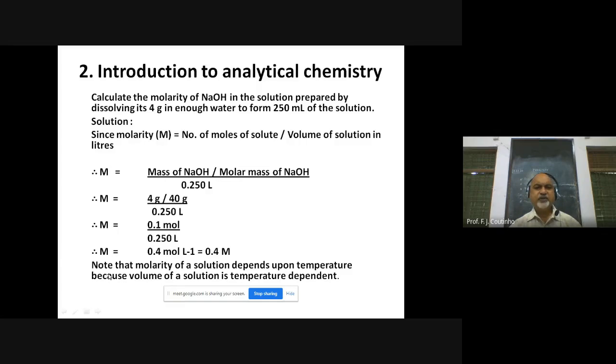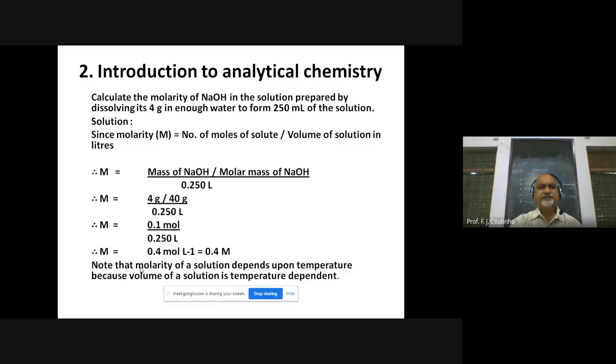Here, note that the molarity of the solution depends upon the temperature, because the volume of the solution is temperature dependent. So volume is always temperature dependent, and that's why molarity depends upon the temperature. So this is the problem on molarity of the solution.